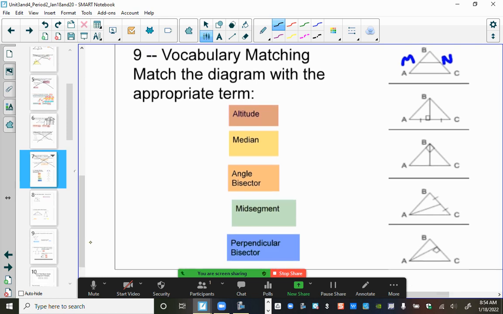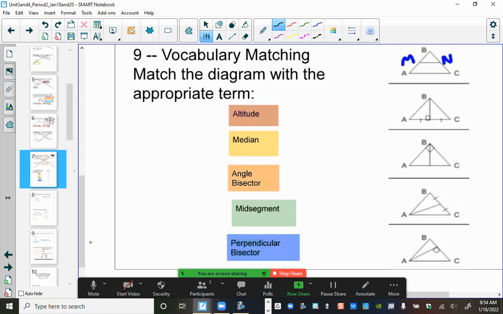Out of these 5, the closest thing you might deal with is a matching. Because remember, we're going to be dealing with vocab, and a lot of this stuff we're going to see again and again between now and the end of the year.